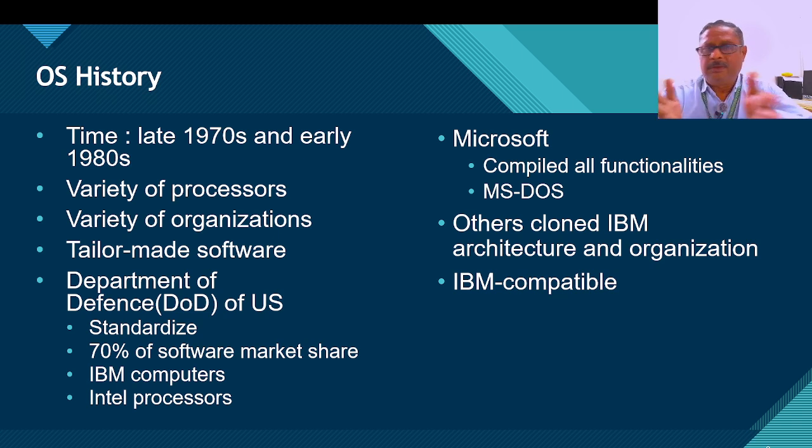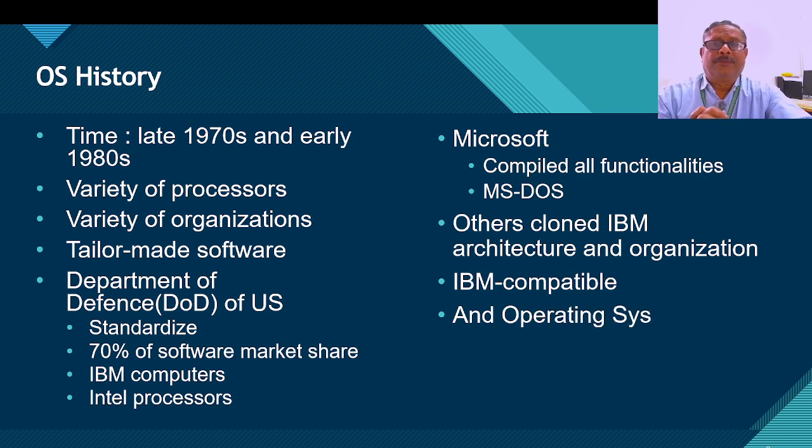Now new things have come up and there are a lot of technology changes, but the first revolution of personal computers happened in the late 70s and early 80s, and this is the story of how the operating system came to exist.